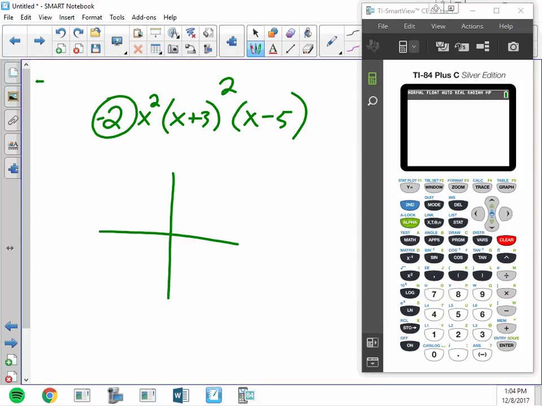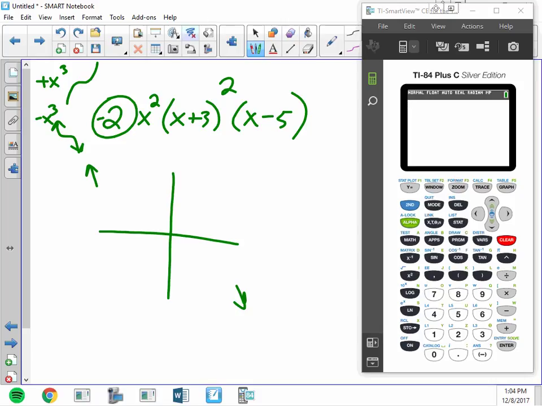Because a positive x to the third looks like this, but a negative x to the third would look like this. And the thirds act just like the fifths and the sevenths and the ninths and so on. So I know that the left side is going to go up and the right side is going to go down, a negative slope, right? Yeah, and the 2 makes it taller. So we put our roots.